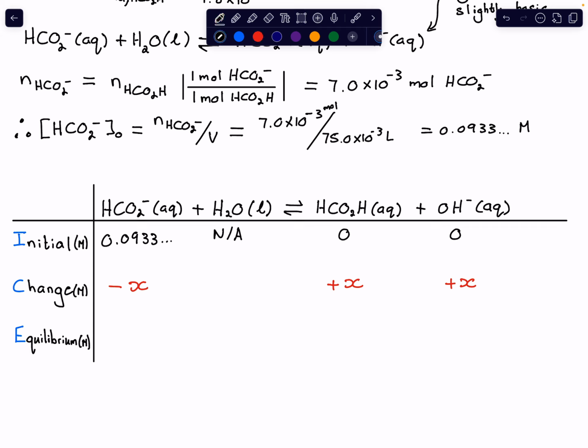And for water, we expect no change because of its fugacity. All right. So therefore, at equilibrium, the formate anion should have a concentration of that minus X. The water is not applicable, and each of the products should have a concentration of X.